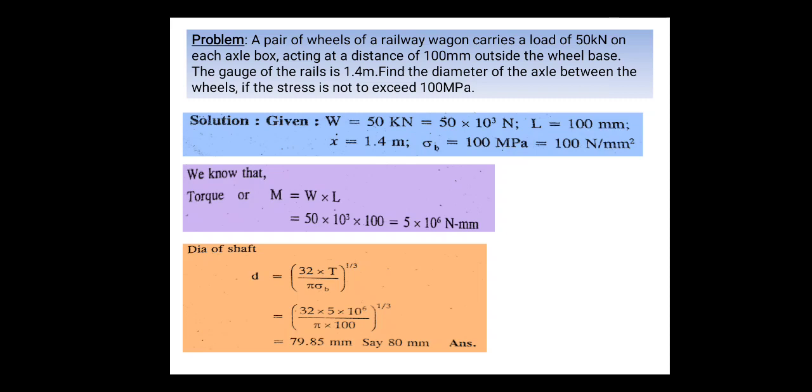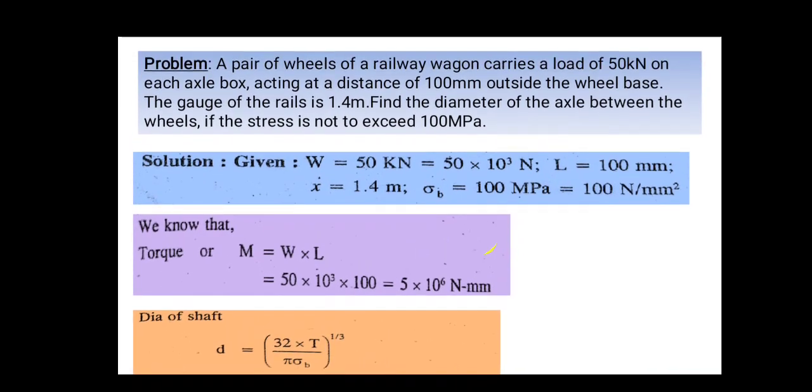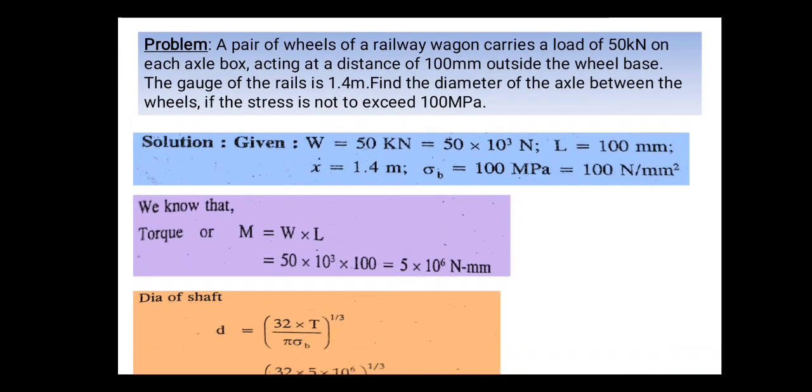First we'll concentrate on the given data. A pair of wheels of a railway wagon carries a load of 50 kilonewton. So here the load means W, 50 kilonewton given, and we need to convert it to Newton: 50 into 10 raised to 3. Each axle box acts at a distance, which is nothing but capital L, equal to 100 mm, outside the wheelbase.